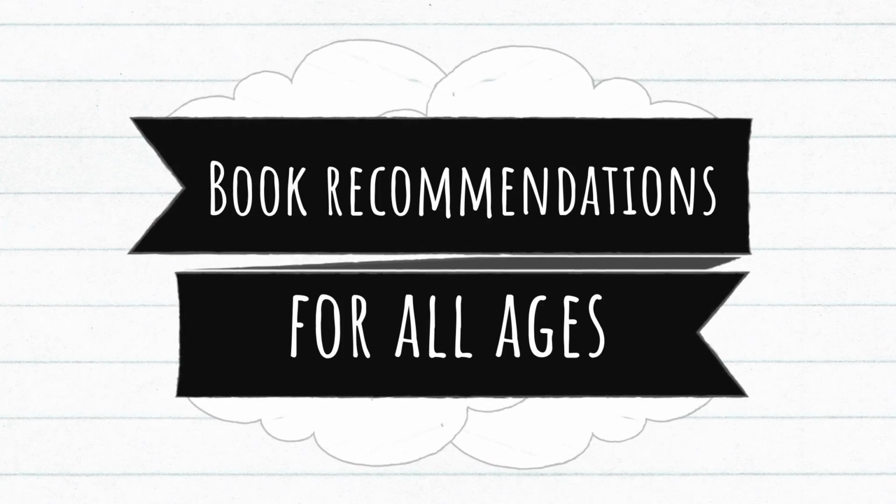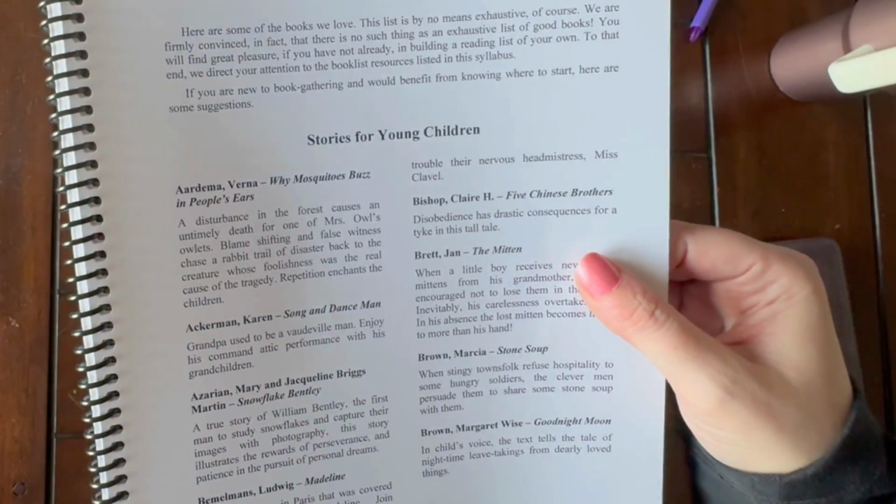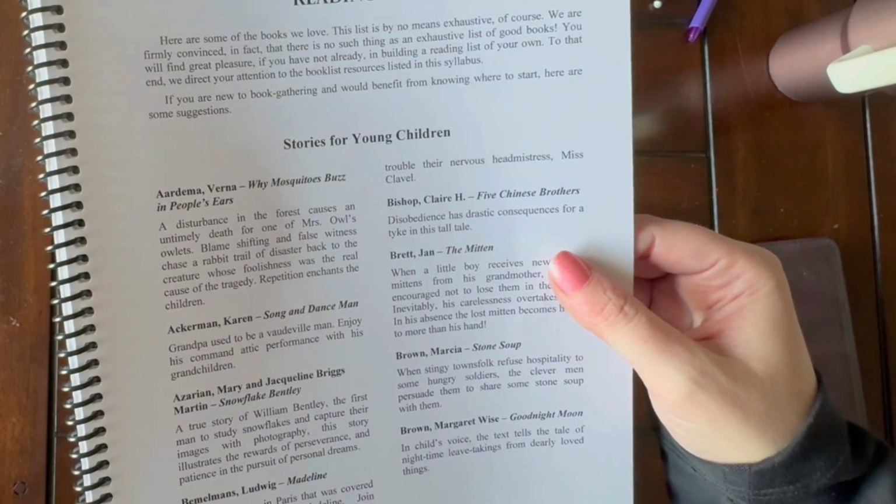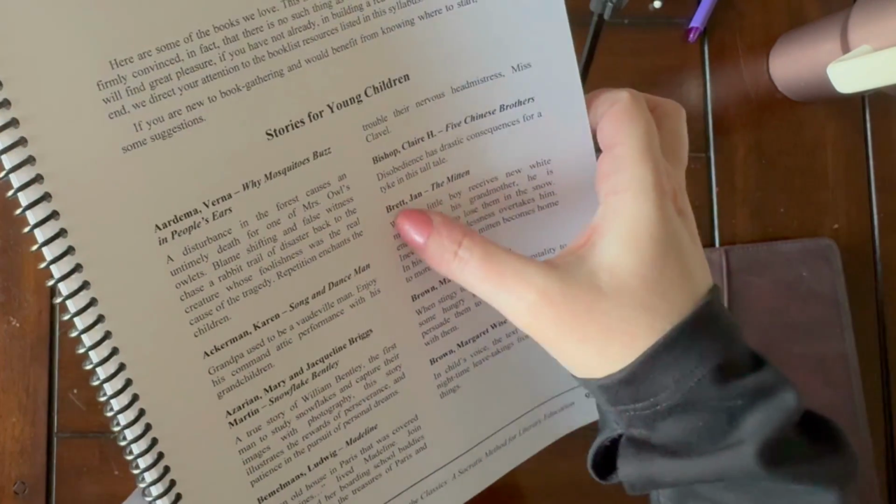This actually kind of reminds me of Honey for a Child's Heart. Some of these are going to be the same. So stories for young children. See Jan Brett. Those are picture books.